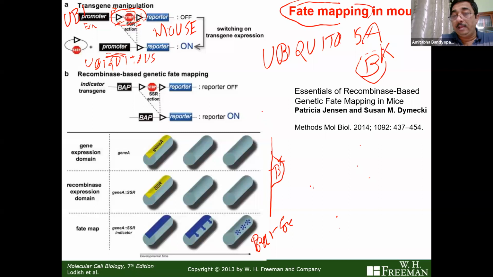If this is the head, and this is the trunk, this is the tail, and this is the other limb bud, PRX1 will not be expressed anywhere other than these two limb regions. And because PRX1 will be expressed there, the Cre will be present only here. So only here this recombination will happen, and these cells will become reporter positive, GFP positive. Okay?